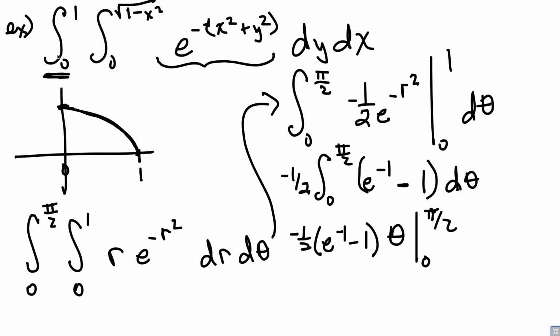If we plug in pi over 2, we're going to end up with negative pi over 4 times e to the negative 1 minus 1. And this would represent our solution. Any questions?